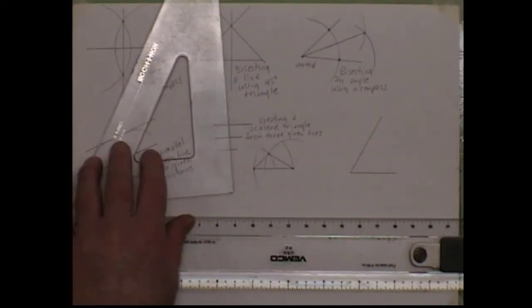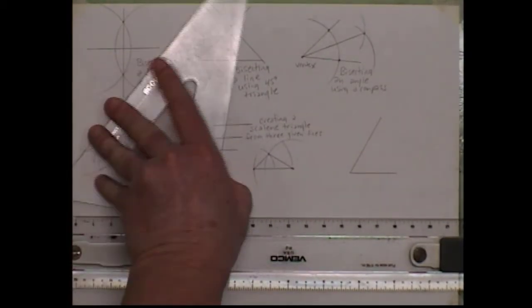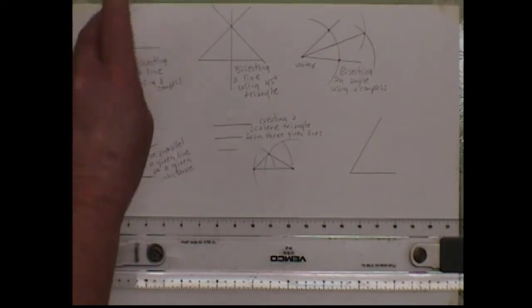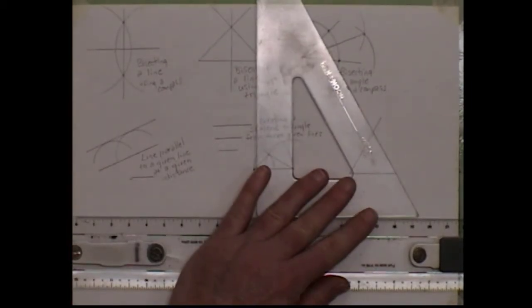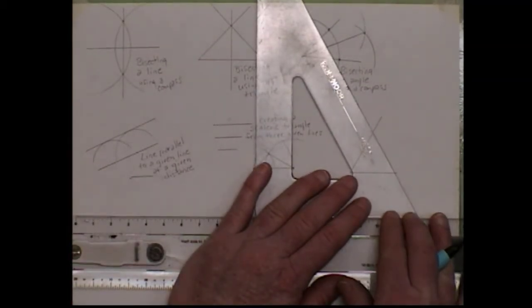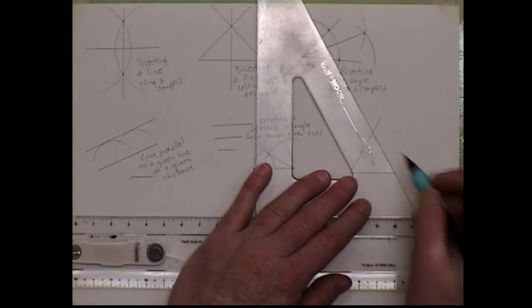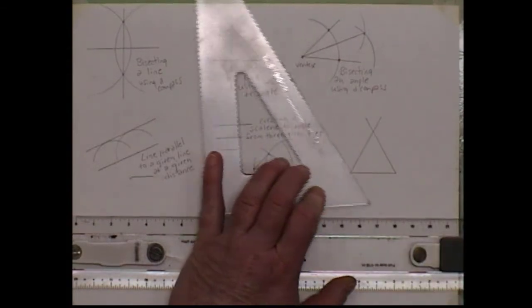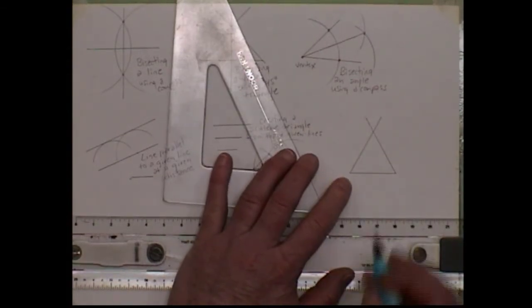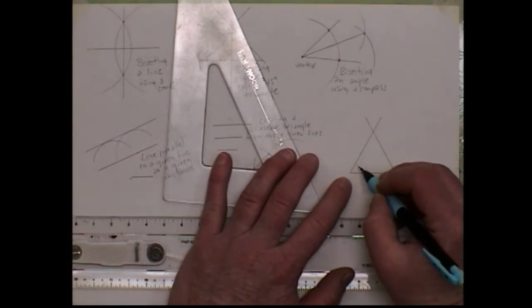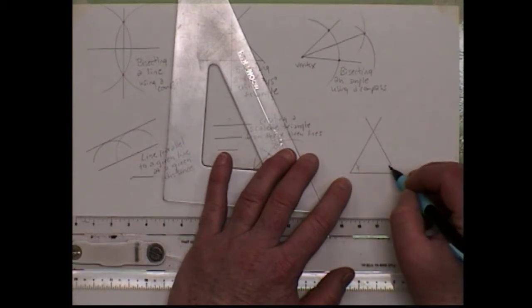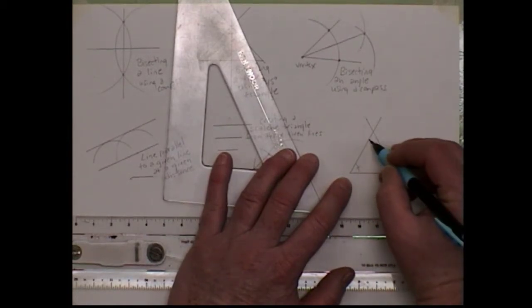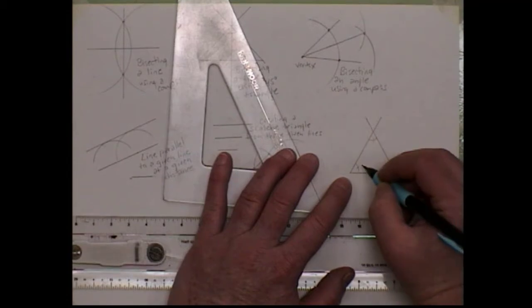Okay? So the first one's going to look like this. I'm going to flip my triangle over because I need to use the 60-degree side and make it tangent to the other endpoint and make a line. So now I have an angle that's equal here, here, and here, and that angle is 60 degrees.